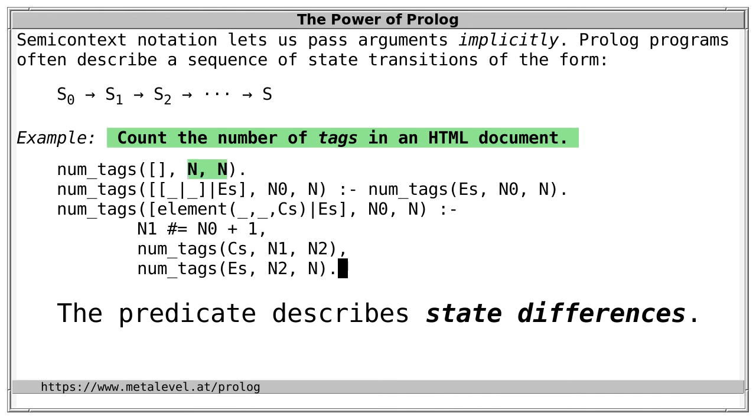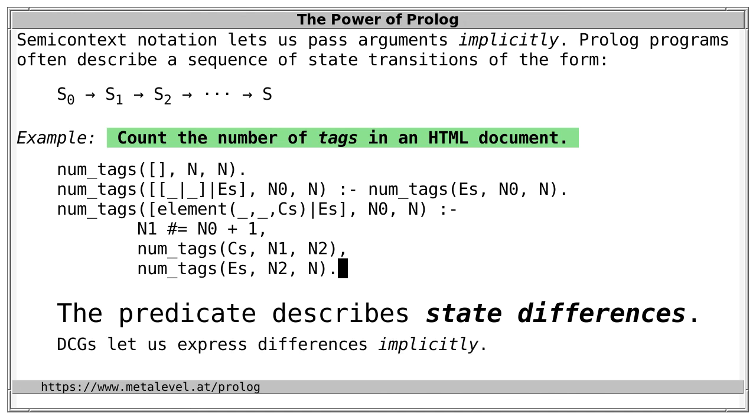For instance, the difference between N and N is 0. And here we're defining the difference between N0 and N, and here we're saying the difference between N0 and N is defined in terms of the difference between N1 and N2 and N2 and N. So we can interpret this as state differences and also as going from an initial state N0 to a final state N, where we count from 0 up to the number of tags.